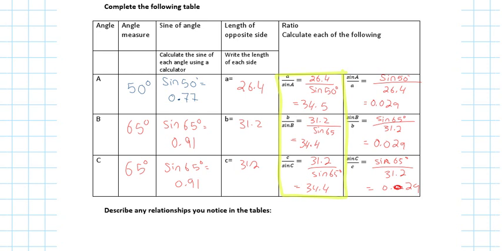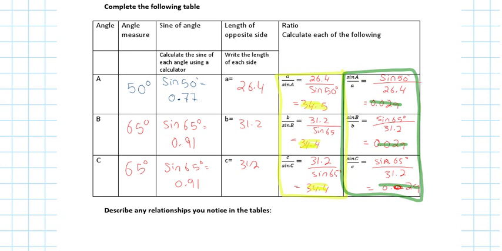They're the same. How about when I did sine A over A, sine B over B and sine C over C? They're all the same. Do you think that's a coincidence? Is it only going to happen for this triangle? This will happen for every single oblique triangle.